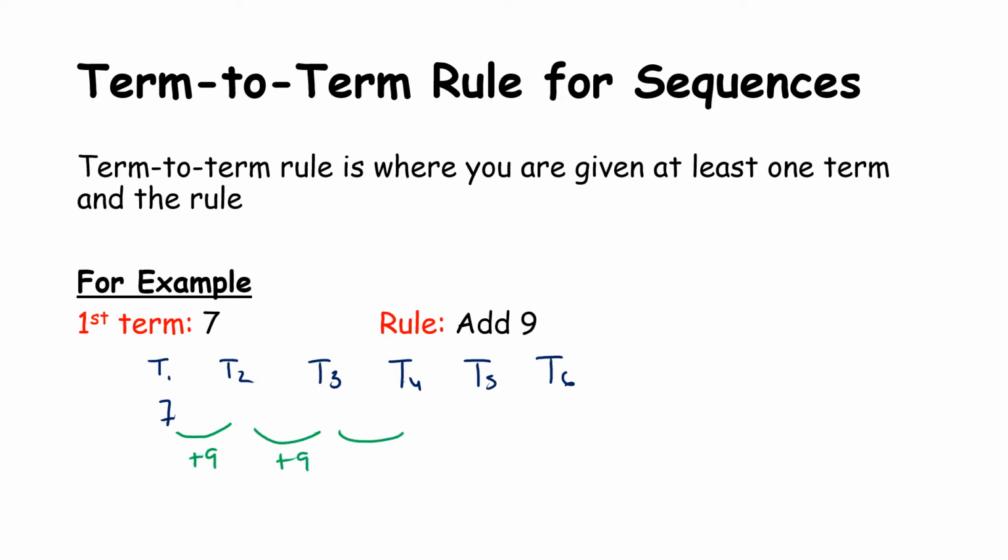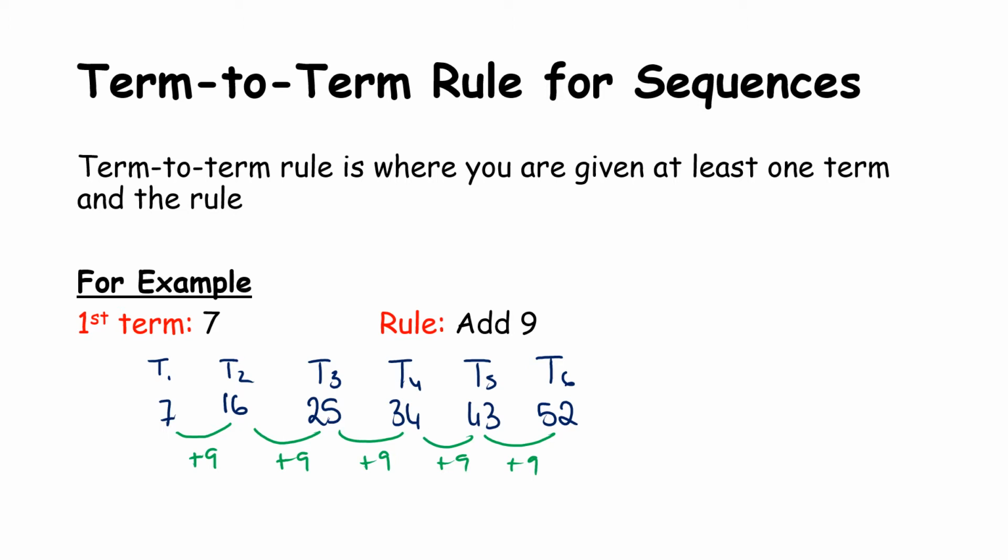They've given me that part and I need to figure out what my next few terms are. So here I get 16, 25, 34, 43 and 52. So this is how we can generate the sequence of numbers.